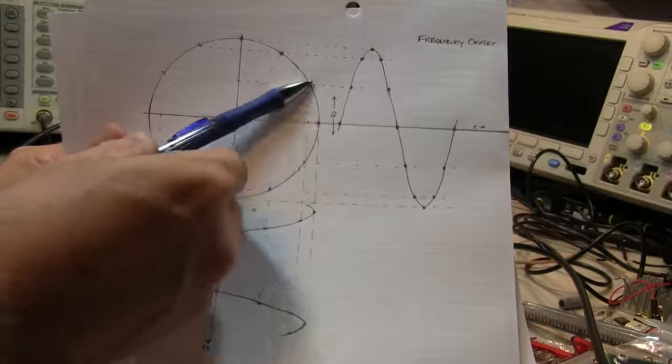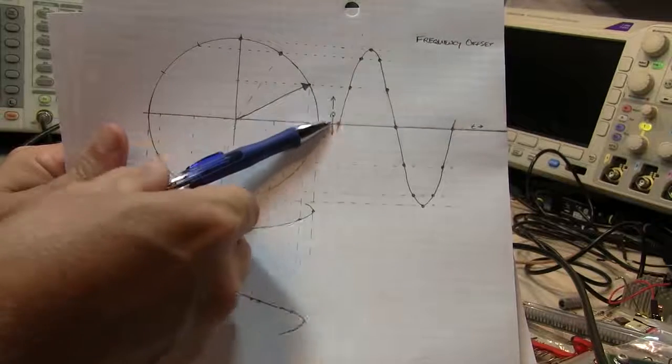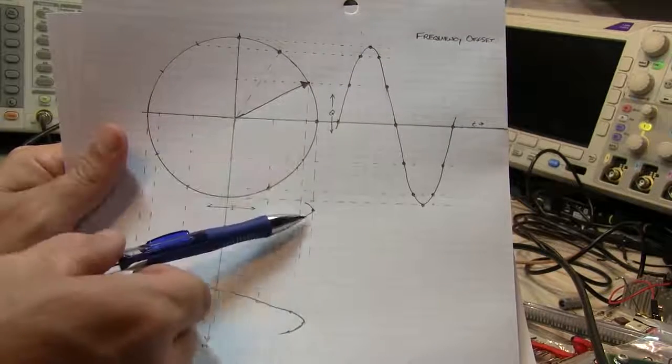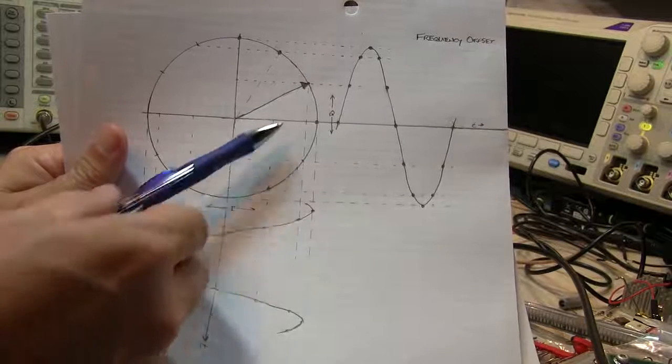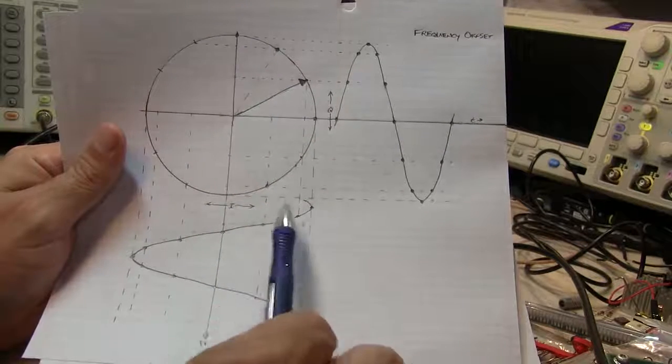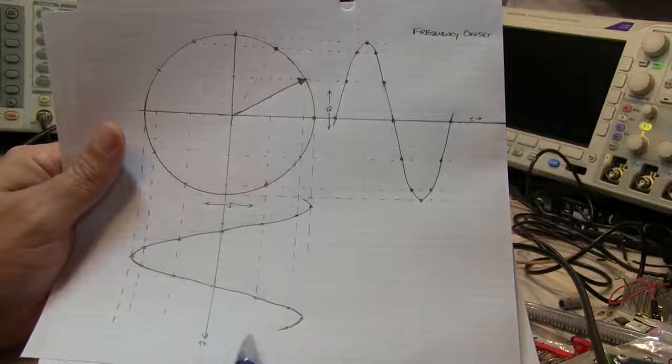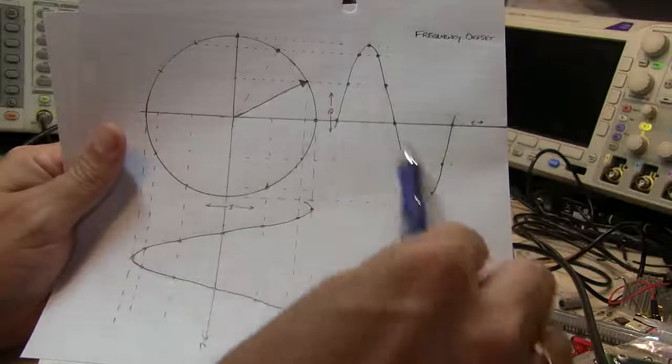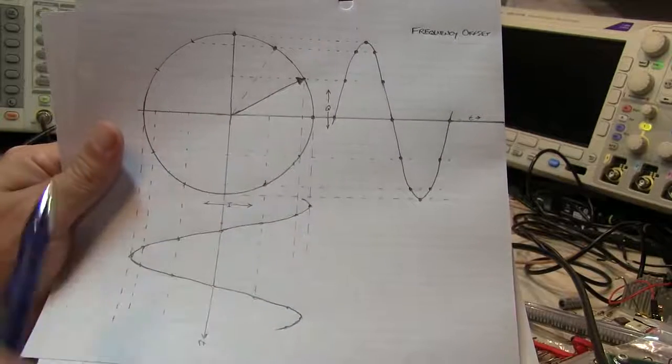As this vector rotates up to here, the Q component advances up to that point, the I component comes down here. And we can continue going around here and actually see that we're tracing out two sinusoids for the I and the Q as this vector rotates around.